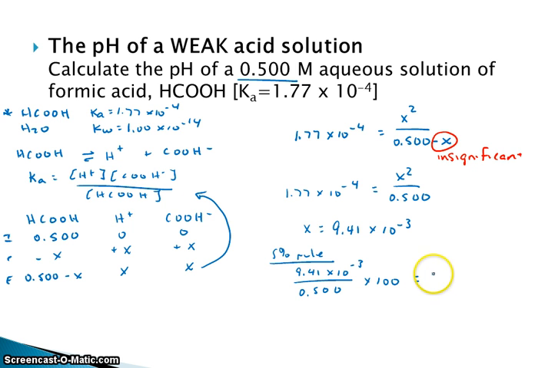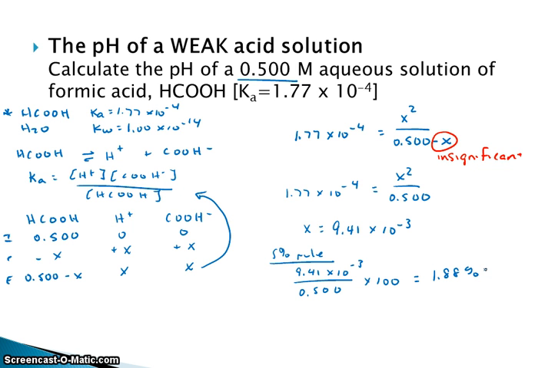And when we do that, we get 1.88%. That means that only 1.88% of formic acid actually ionizes in solution. That's less than 5%, so X is insignificant.